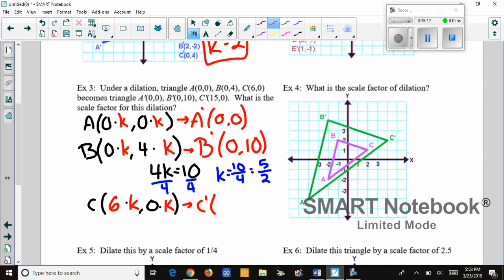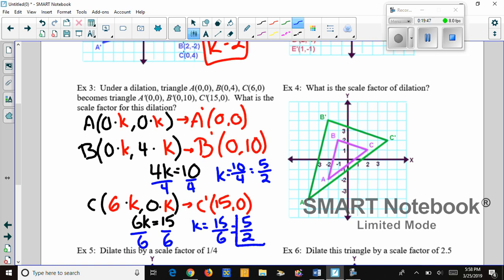While in the new one, that's 15, comma 0. I can use the fact that 6 times K has to come out to 15, and then I divide by 6 to find K is equal to 15/6. I can reduce them both by 3 to get 5/2. So we're okay. 5/2 is our scale factor.